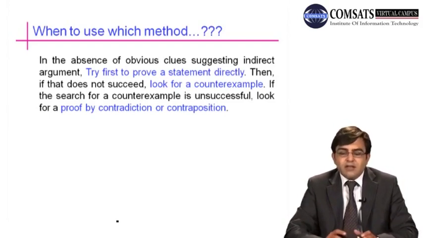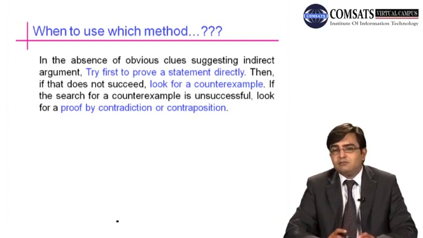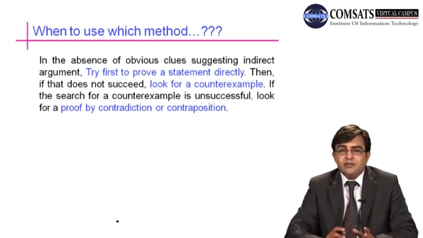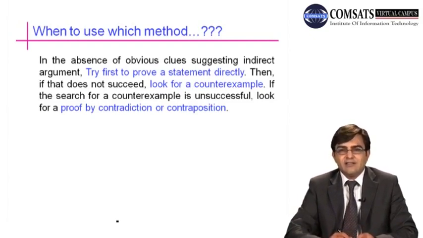If we are not given some obvious clues or obvious conditions, first we try to prove any given statement by using the method of direct proof. If we do not succeed in proving a statement by the direct method, then we search for a counterexample to disprove the given statement.